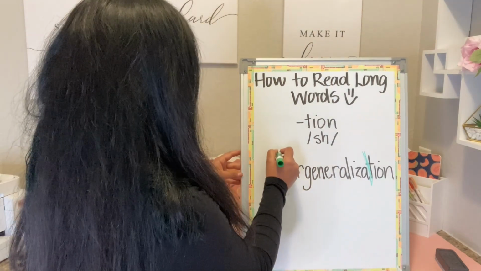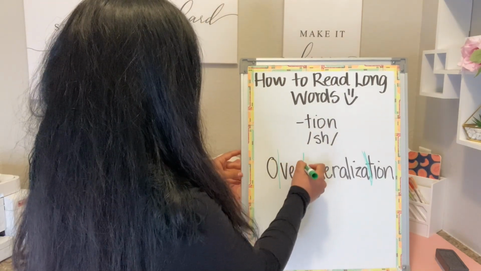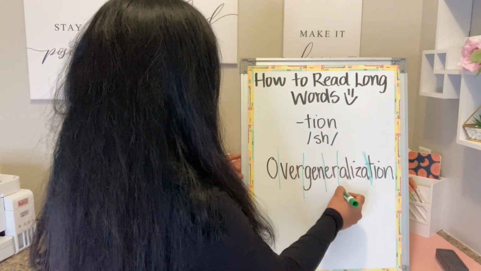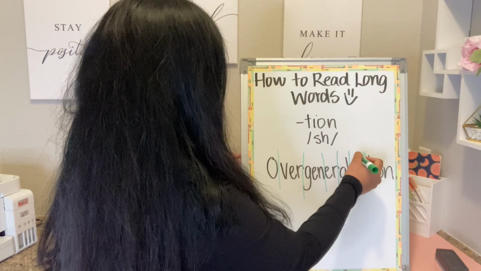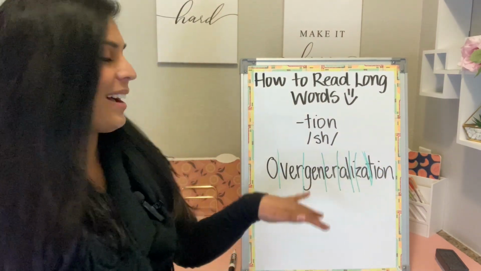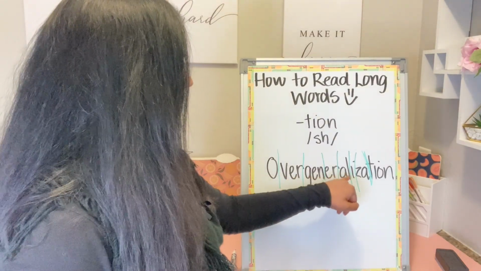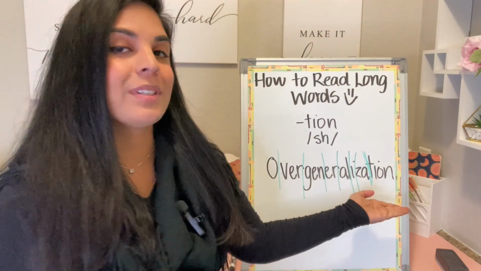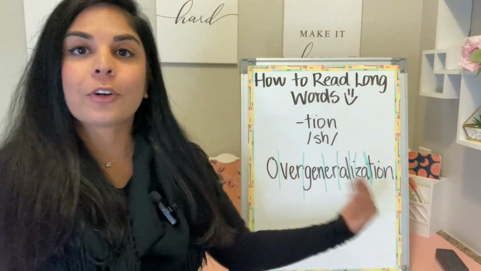So here we're going to have the O by itself, this syllable by itself, here, here, here, and here. As you can see, this word has 1, 2, 3, 4, 5, 6, 7, 8 syllables. And if I at least know the last one says shun, then I can figure out the rest of the word.